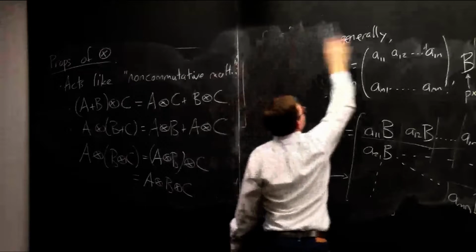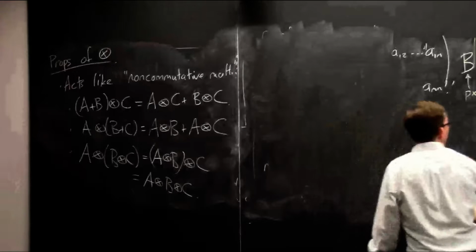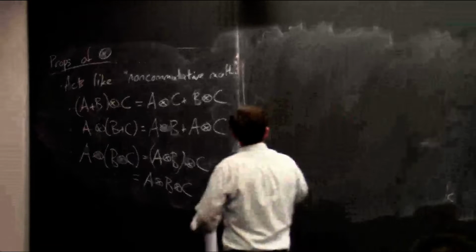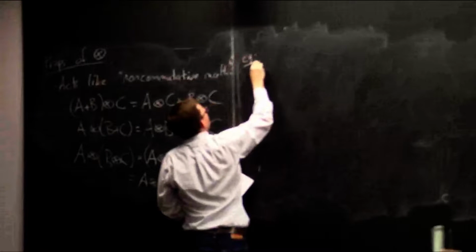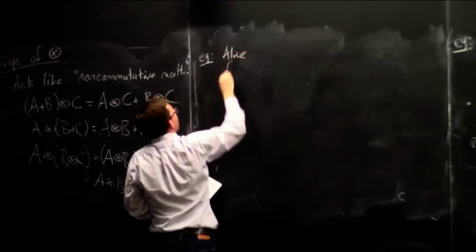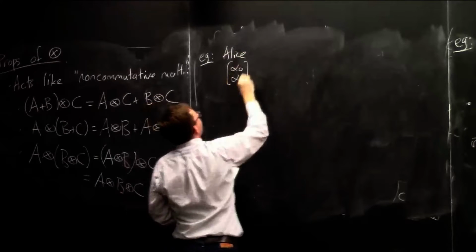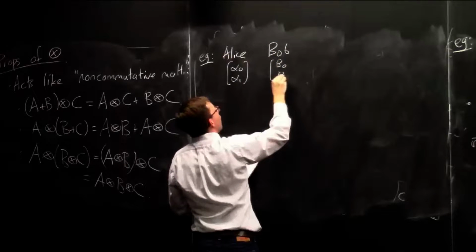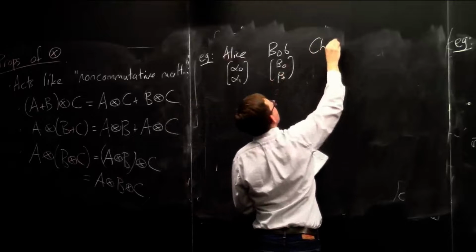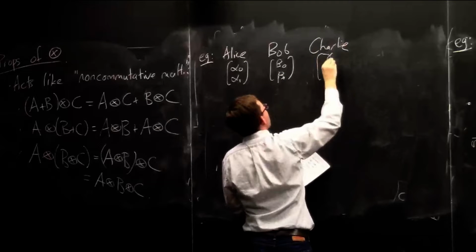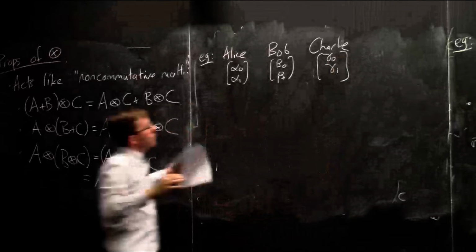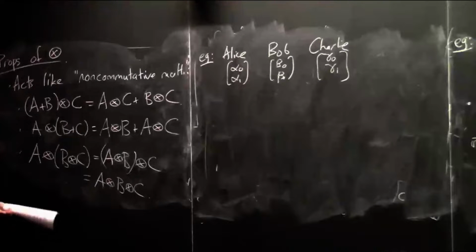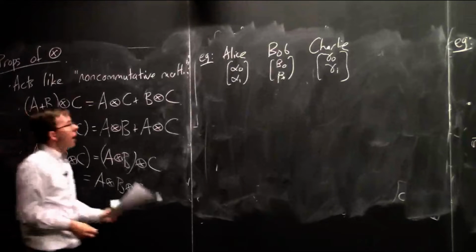As an example of this associativity, just to make it crystal clear: if Alice has a qubit in state alpha 0, alpha 1, and Bob has a qubit in state beta 0, beta 1, and Charlie has a qubit in state gamma 0, gamma 1, and they decide to view them as a joint system because they're going to put all 3 photons together into some device, and they're also going to remember which one is which.